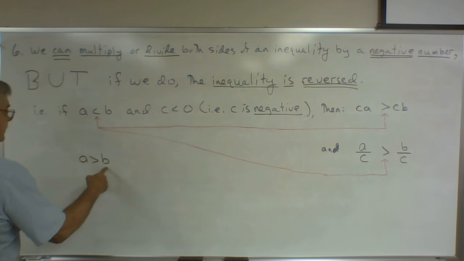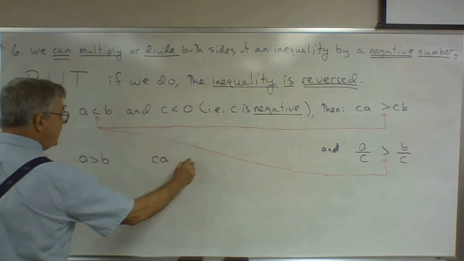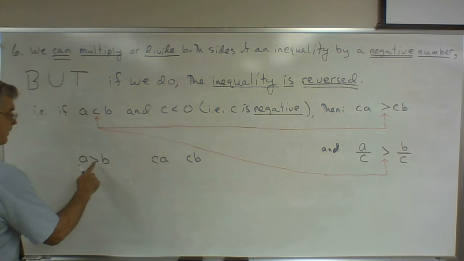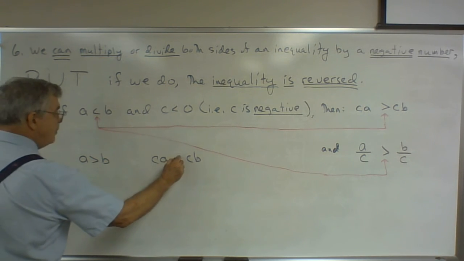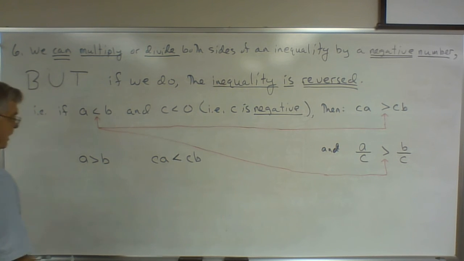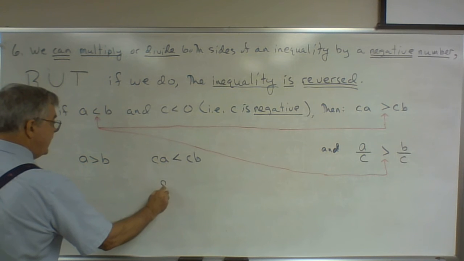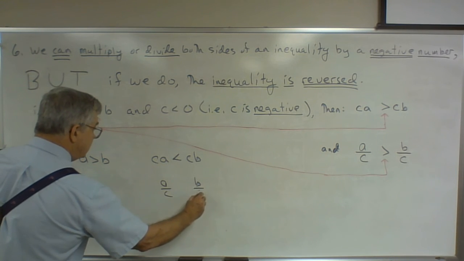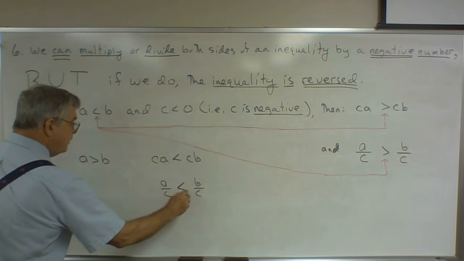A is greater than B, and if I multiply both sides by the negative number C, it's going to turn this sign around to point the other way. And if I divide both sides by the negative number C, it's going to turn it around.